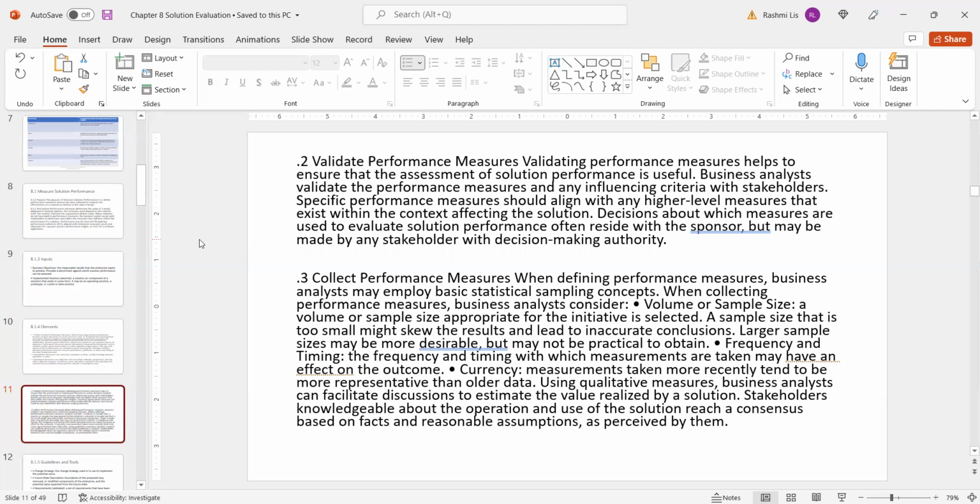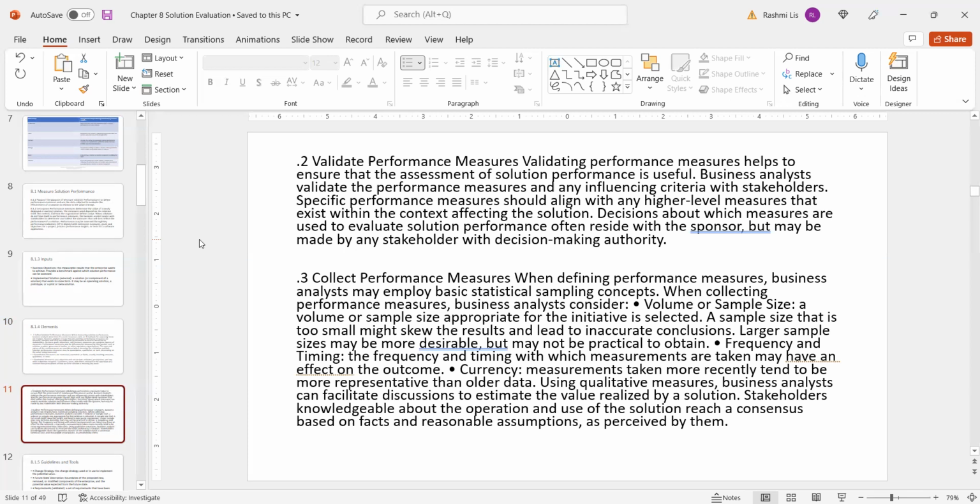Collect performance measures. When defining performance measures, business analysts may employ basic statistical sampling concepts. When collecting performance measures, business analysts consider a volume or sample size appropriate for the initiative selected. A sample size that is too small might skew the results and lead to inaccurate conclusions.